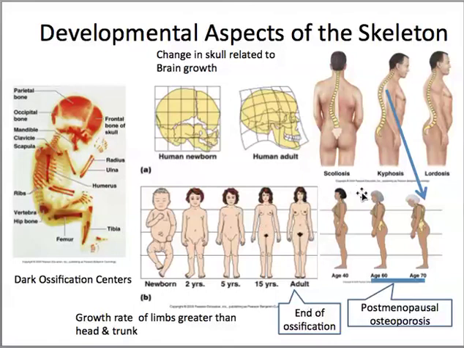And then as we progress, as we age, one of the things that happens as ossification ends and we now enter adult life is that we start to lose bone density. Even in the healthiest of lifestyles, osteoporosis can cause us to lose height. And one of the things that happens as the vertebral column compresses is that we get shorter. As you can see here in this figure of a woman moving from age 40 to age 70, this is the advent of osteoporosis due to the fact that a lot of the weight on the vertebral column is on the anterior aspect.